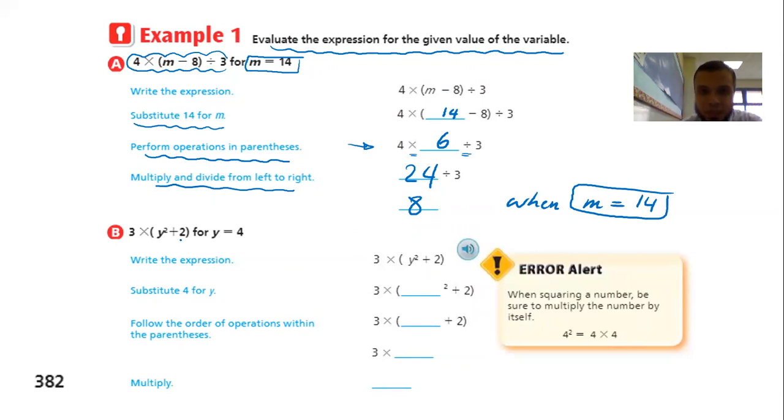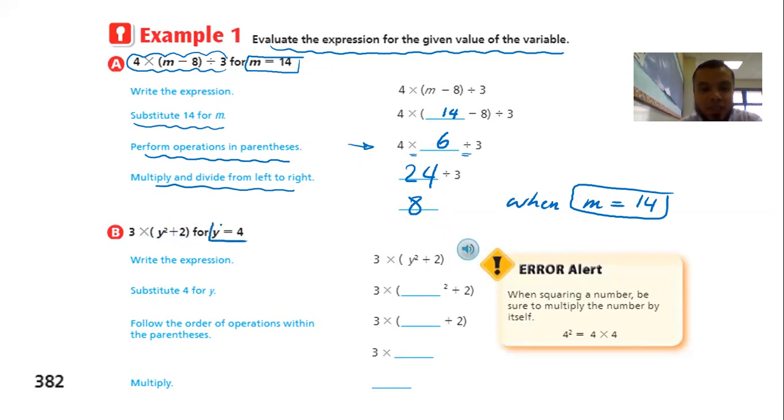Okay. Let's see question B. 3 multiplied by the sum of y squared plus 2, for y equals 4. So 3 multiplied by y squared, or you can read it, the second power of y, plus 2.